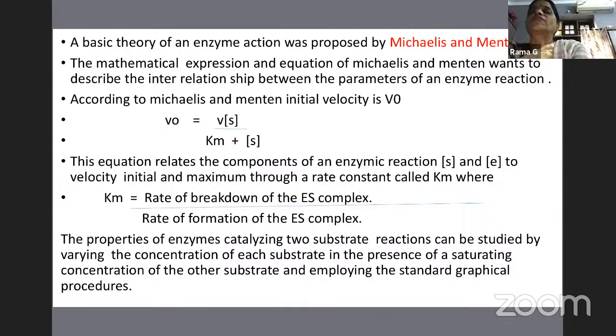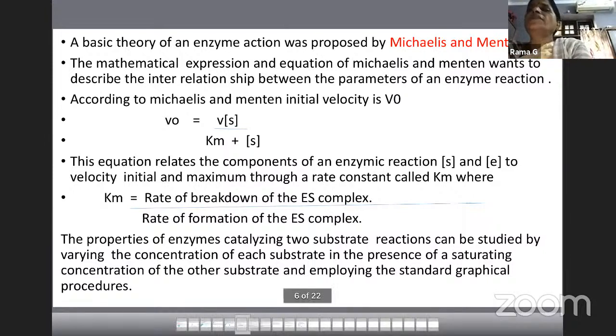as per their mathematical equation, here V0 indicates the velocity at the starting stage of the reaction. So at the starting of the reaction, velocity is 0. That is V0.